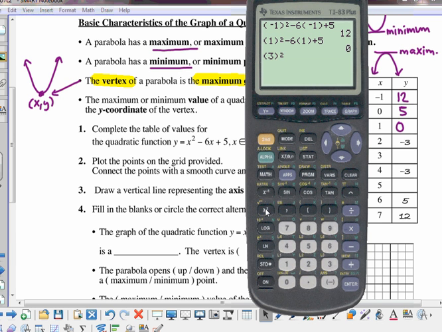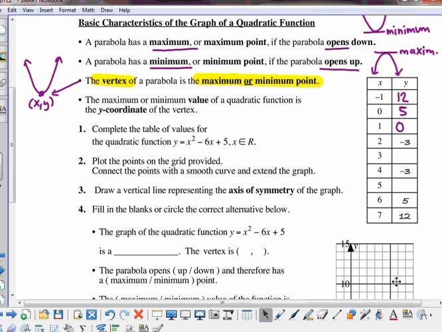Figure it out, because you're waiting for me to do it. -4. Okay, figure out now 5. What was 5? 0.